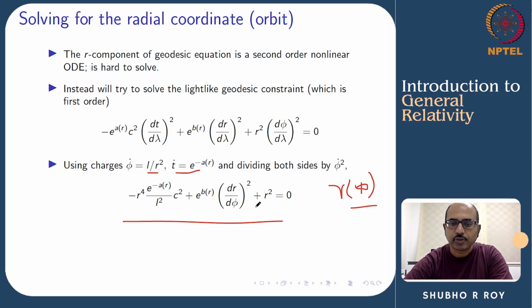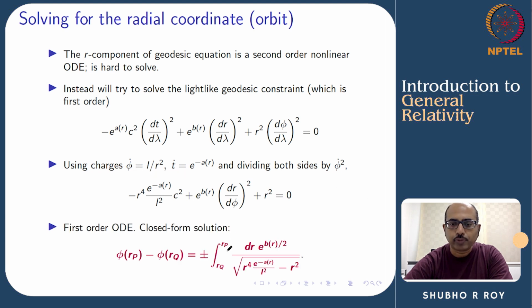This can be massaged into a first order equation, and one can write down a closed form solution, which is this. Alright, so you might be wondering what this plus and minus sign is about. It will turn out that phi is actually a double valued function of r. Let me just make a diagram to make this obvious.